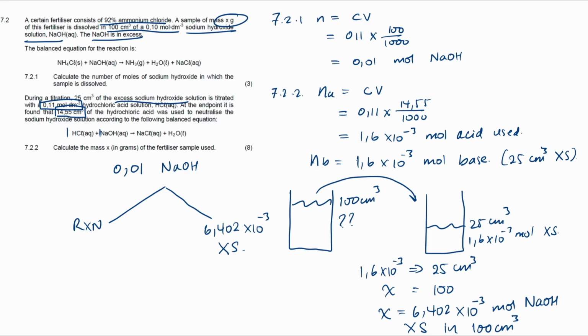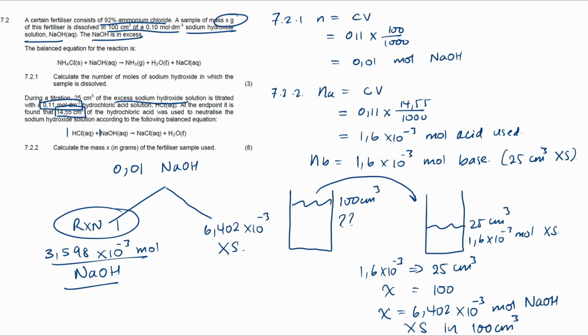So if we subtract these two, we can get how much was used in reaction 1. So if I subtract it, I'm going to get 3,598 times 10 to the minus 3 moles of NaOH that was used in reaction 1.